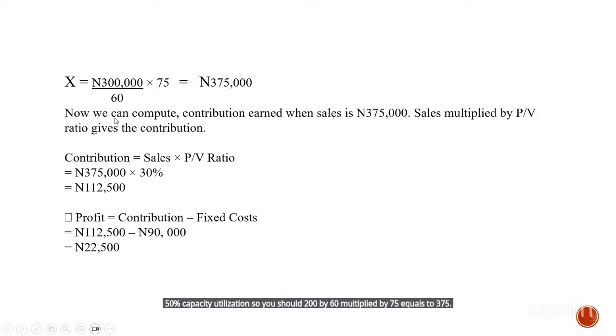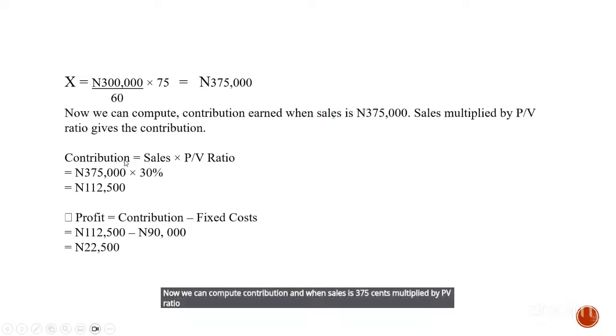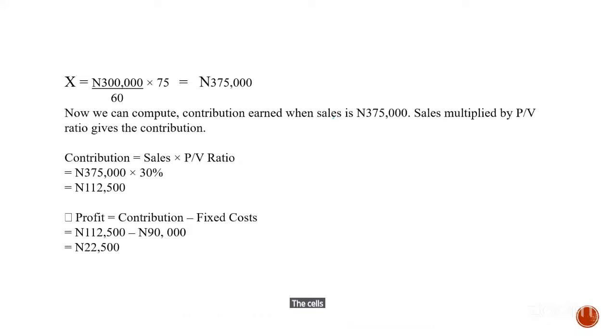Now we can compute contribution, and when sales is 375, sales multiplied by PV ratio gives the contribution. Contribution equals sales multiplied by PV ratio, so 375 times 30%. Of course, the variable cost to sales ratio is 70, which means the PV ratio will be 30%.